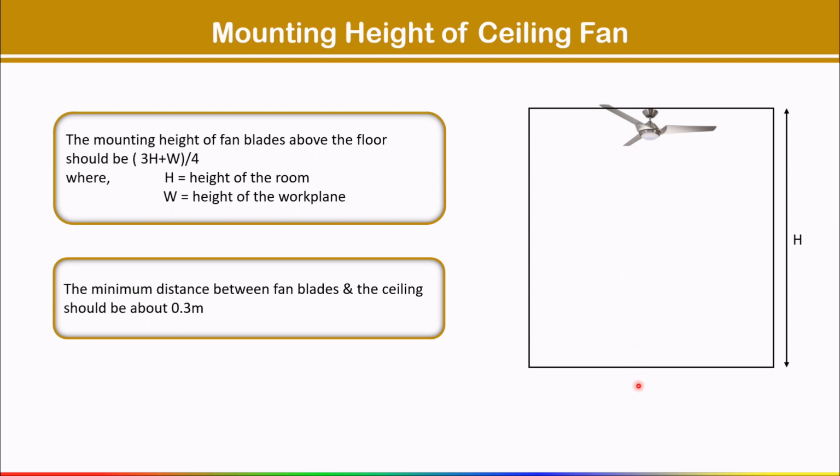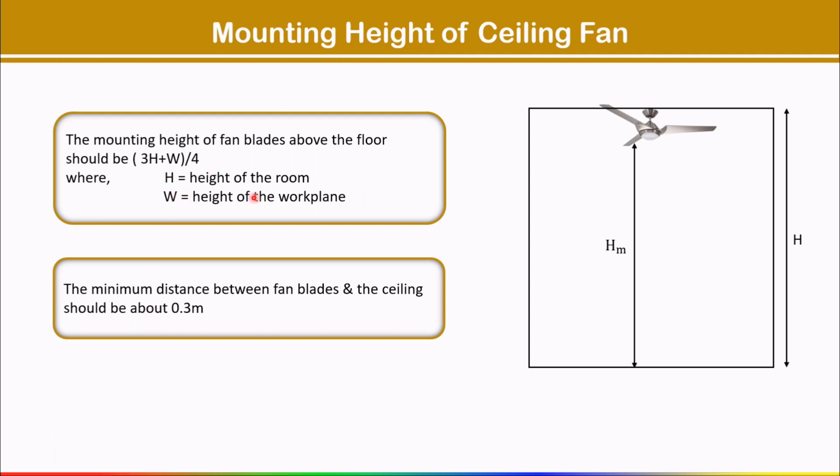Suppose you want to find out the height of the fan blade above the floor, the mounting height. This is our fan blade. If you want to find the mounting height of the fan blade from floor level up to this blade, how can you find it? By using this formula, 3H plus W by 4.